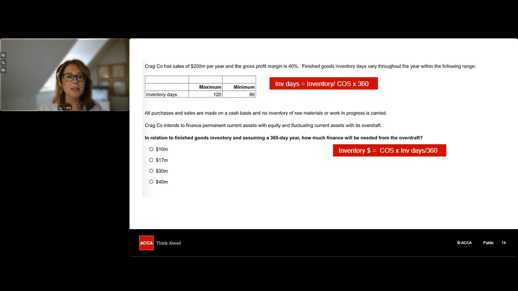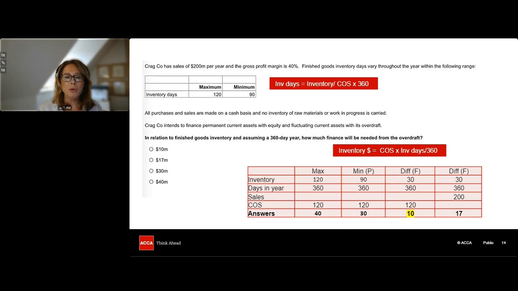That's the 120 and the 90. We have a minimum and a maximum. The minimum will be our permanent current assets. We don't go below those 90 days. The maximum will be the permanent plus the fluctuating. So therefore the difference is our fluctuating current assets. So as inventory dollars is therefore cost of sales times inventory days over 360, we can calculate that value.